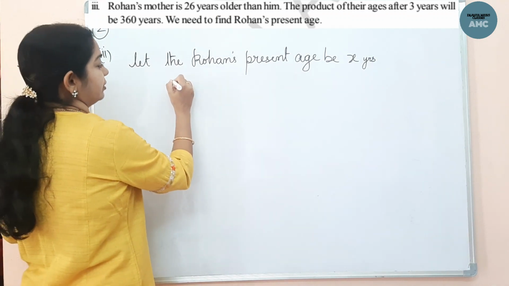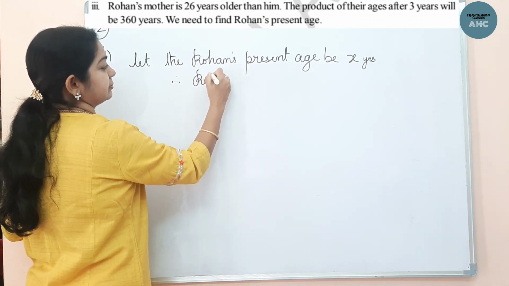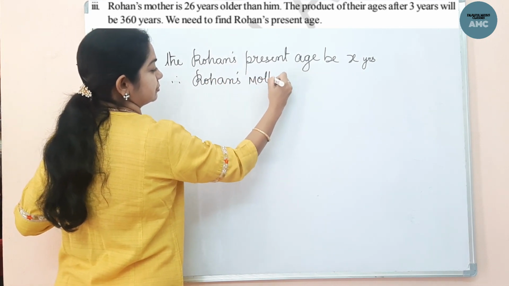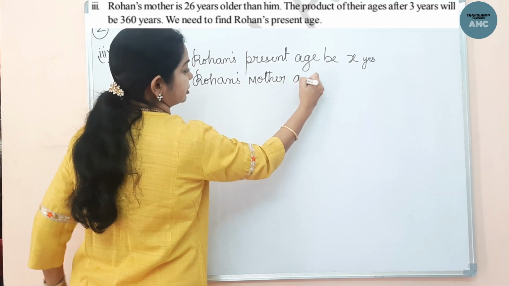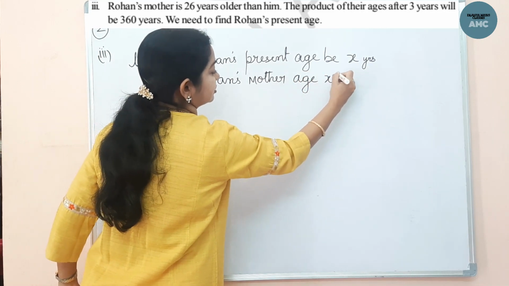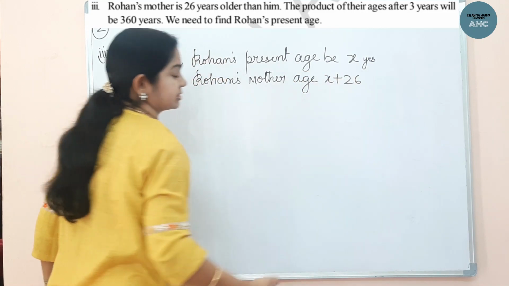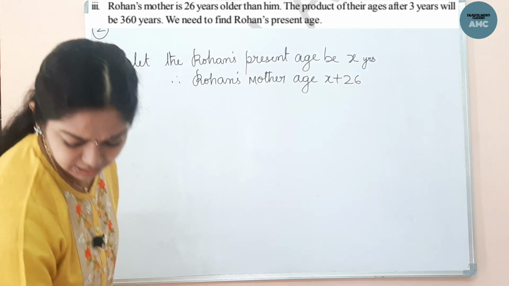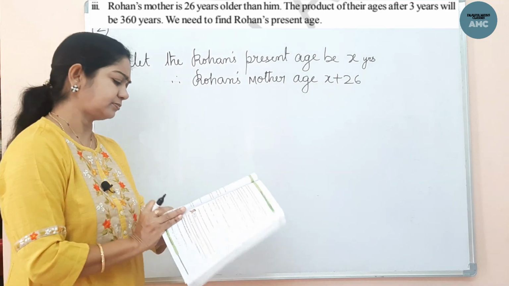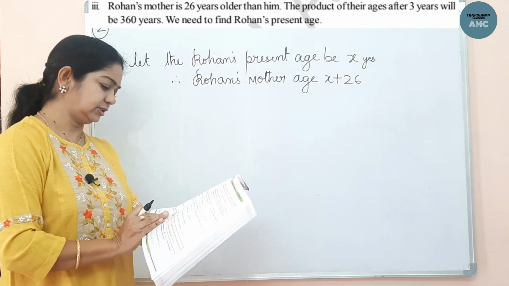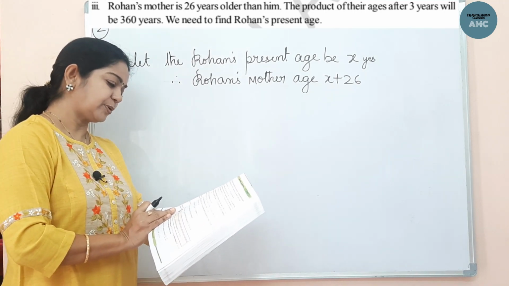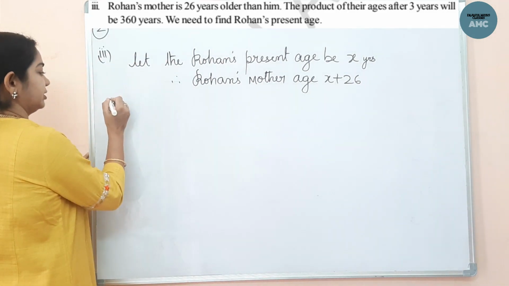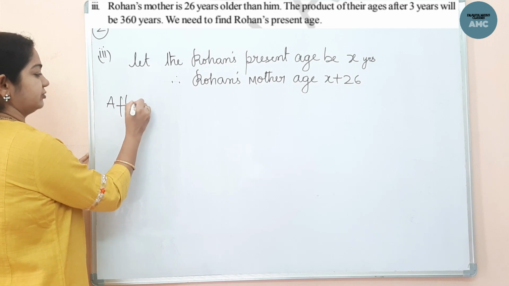So therefore Rohan's mother's age is x plus 26 years. Right. Now also given the product of their ages after 3 years. So given in the problem, after 3 years.